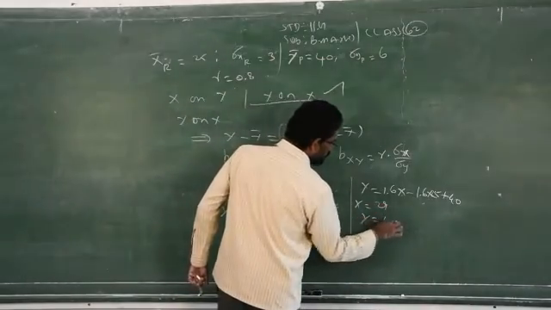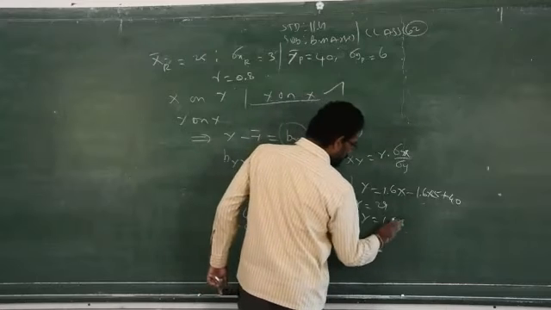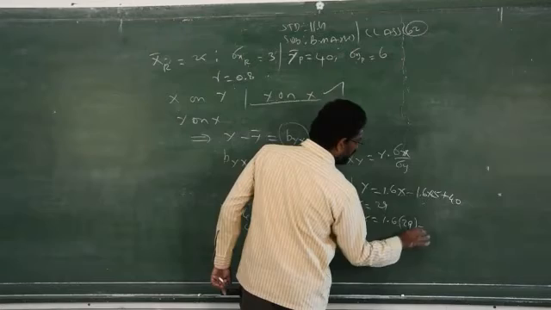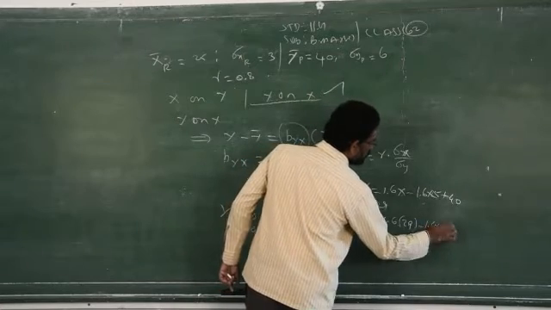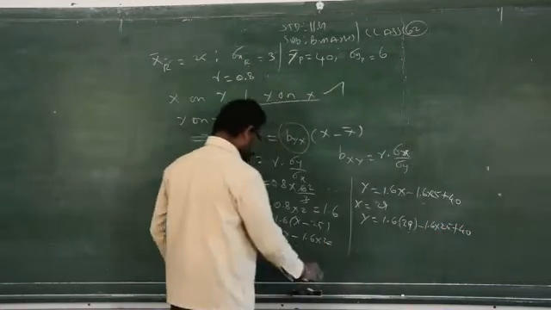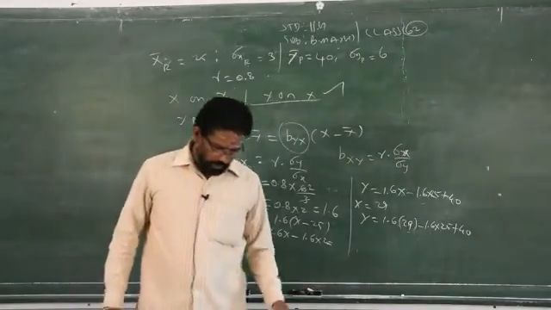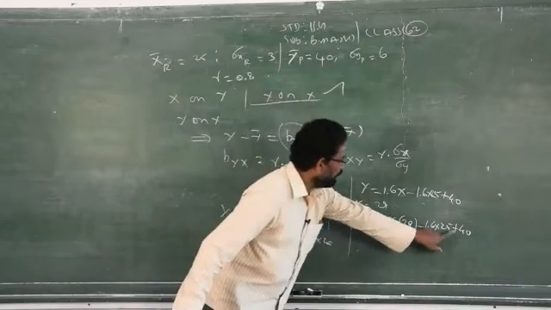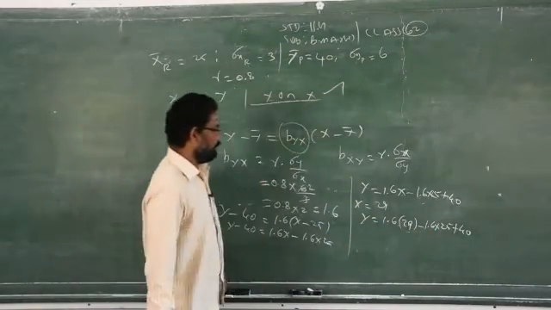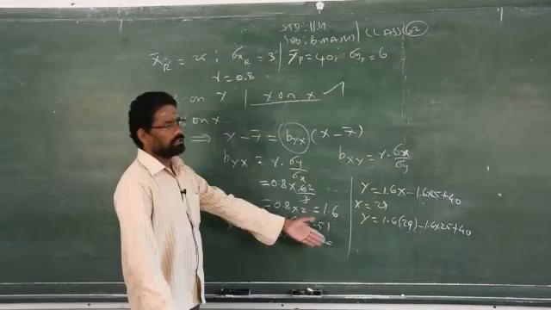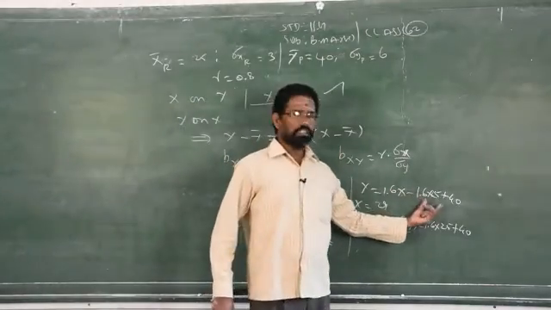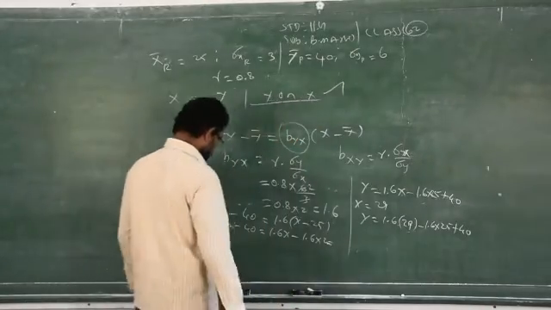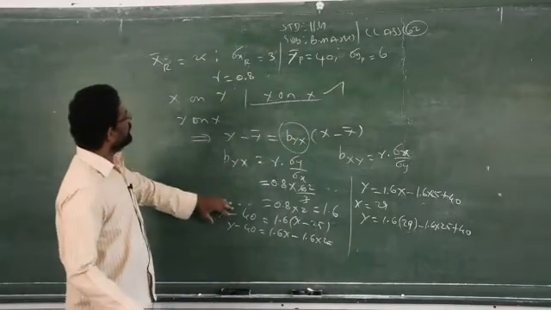So, y is equal to 1.6 times x, in the place of x you have to write 29, minus 1.6 into 25, plus 40. Simplify, you will get the required answer. Clear? So, you have to multiply, add, then subtract, and just do the calculations. I left it as it is because you are allowed to use a calculator, please use a calculator for precision. Clear? So, this is the answer.